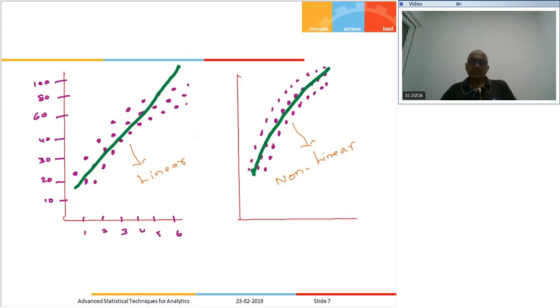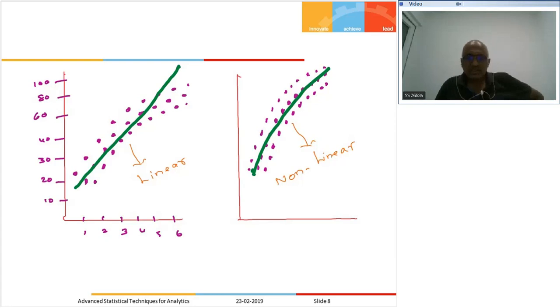Now suppose I took the data and I used the scatter plot. Scatter plot is the technique which I used. Assume both are the same, all the points I plotted and I am able to get this.